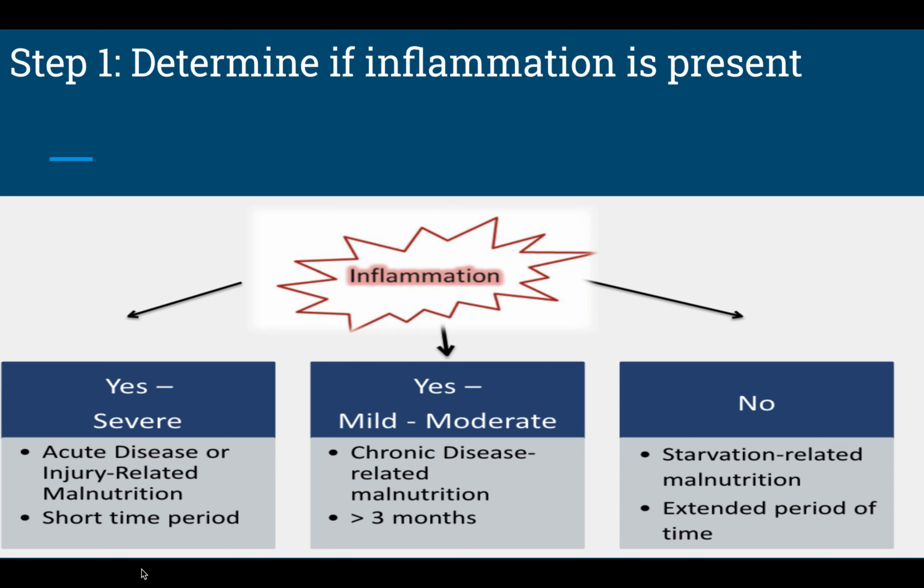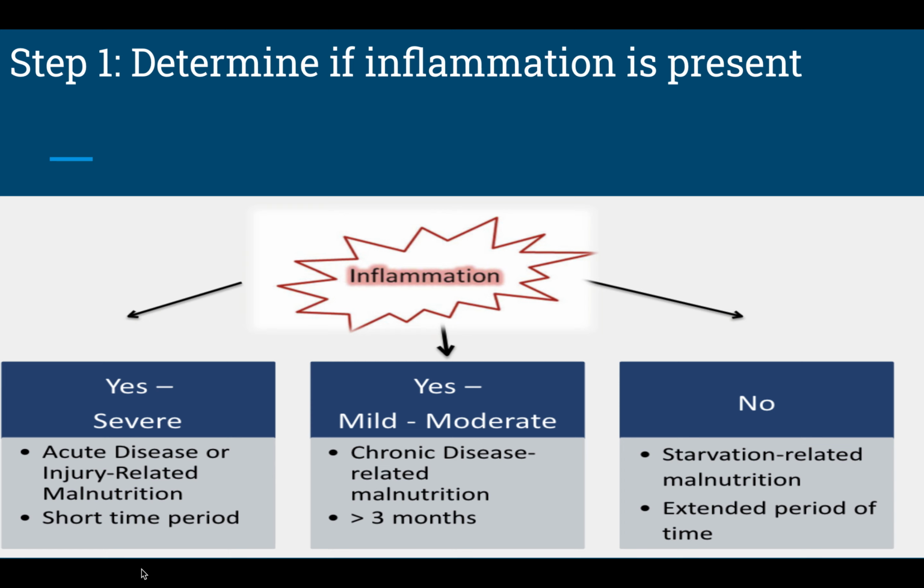And if it is, then you might have severe or moderate malnutrition. If there's inflammation present and severe malnutrition, then you might have a malnutrition that is related to acute disease or injury, and usually it's going to be a short time period.